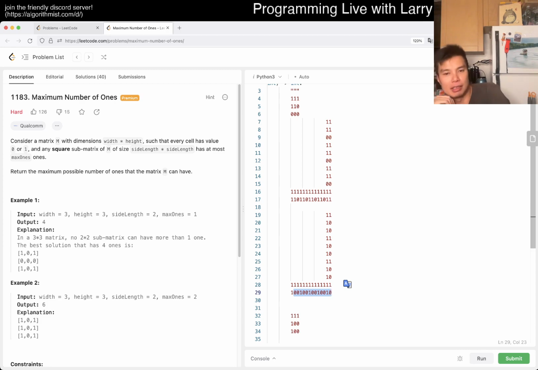I guess we can simulate? How do we simulate? So we know the mods, right? If we know the mods, then we can just see if we can fill it up.